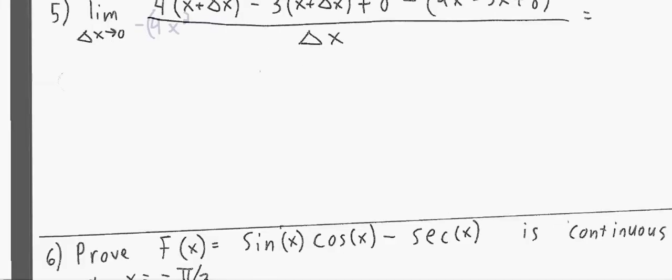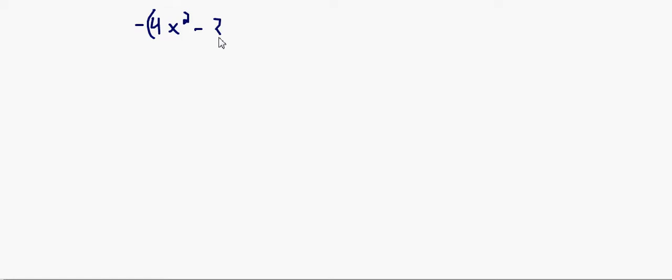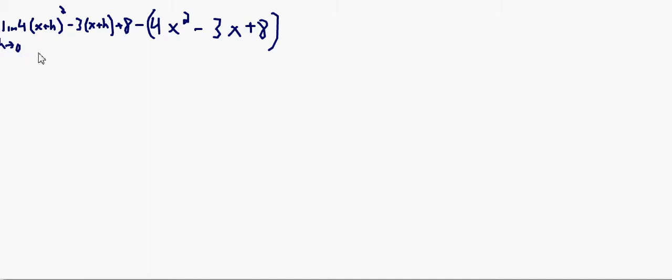Minus 3x plus 8, which means over here we've got 4 times (x plus h) squared minus 3 times (x plus h) plus 8. And then we had the limit out front here. So I turned it into an h, all over h.